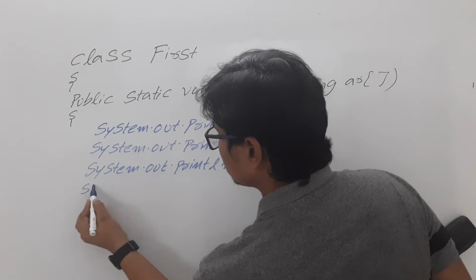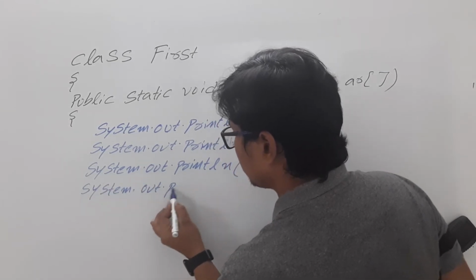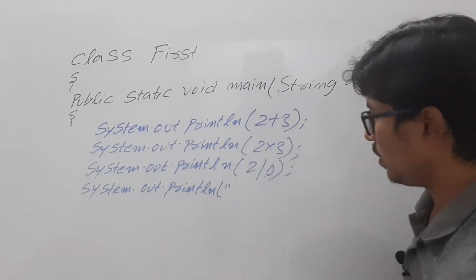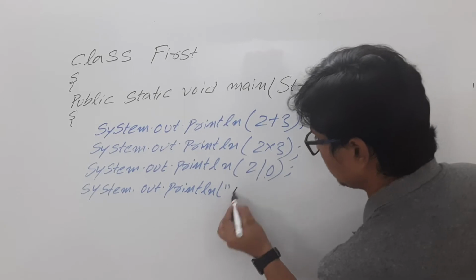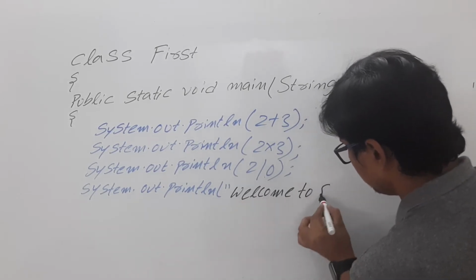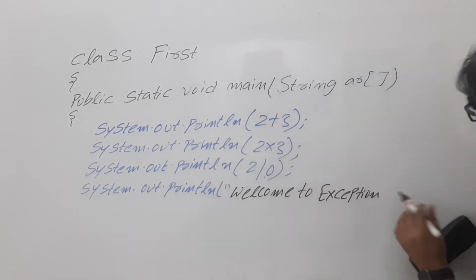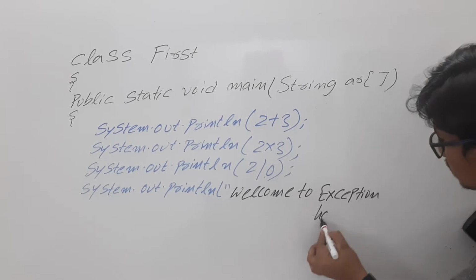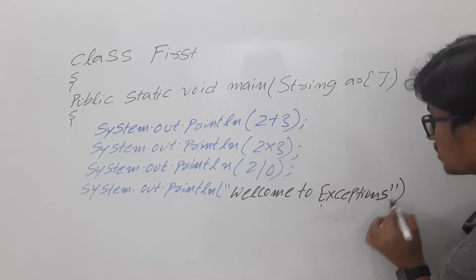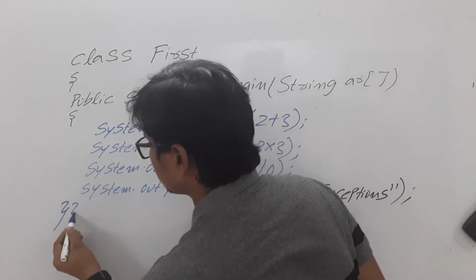And then System.out.println, welcome to exception handling. I hope it will be visible, otherwise let me simply write welcome to exceptions. Then I will close the main method and I will close the class.